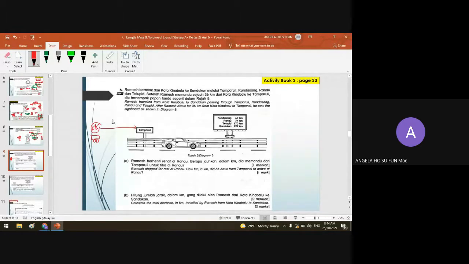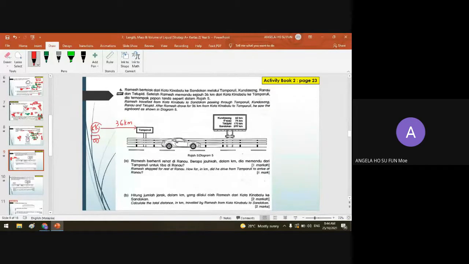After driving 36 kilometer from KK to Tampaluri, he saw the signboard. Means that from KK to Tampaluri, he has already driven 36 kilometer.